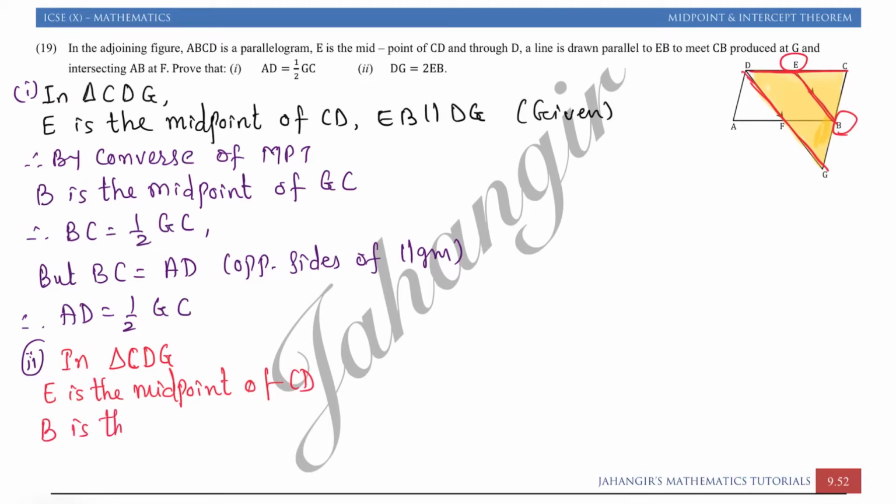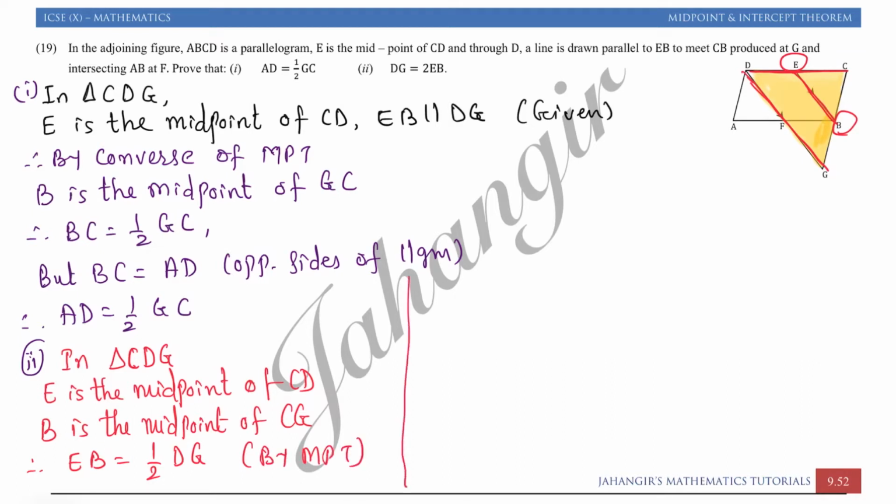B is the midpoint of CG. So therefore we can say EB is equal to half DG by midpoint theorem. So therefore we can say 2EB is equal to DG, just cross multiply. So therefore I can write it in a proper way DG is equal to 2EB. Hence proved.